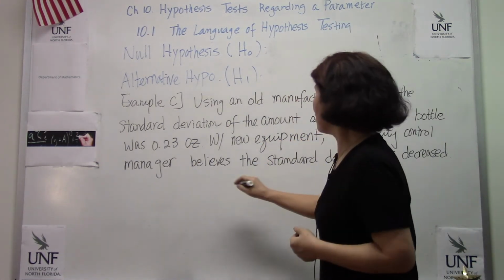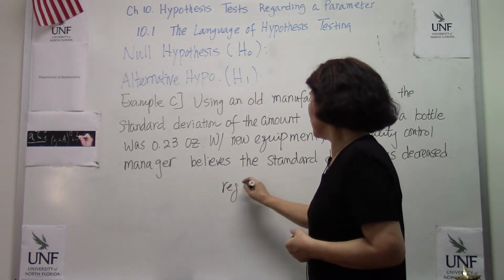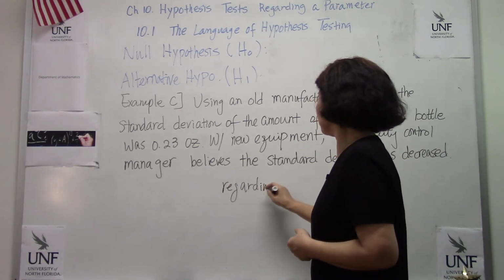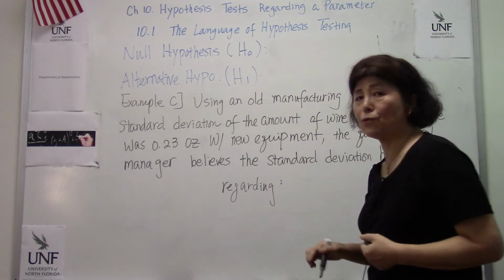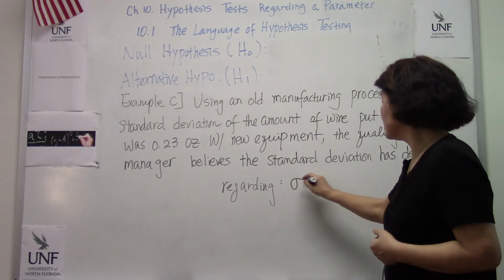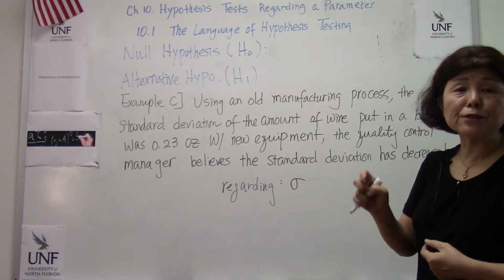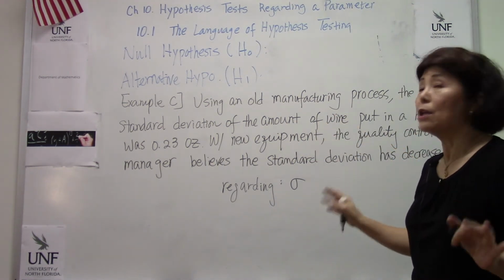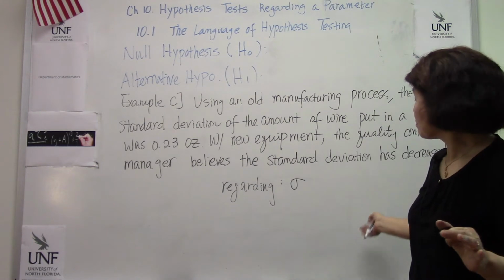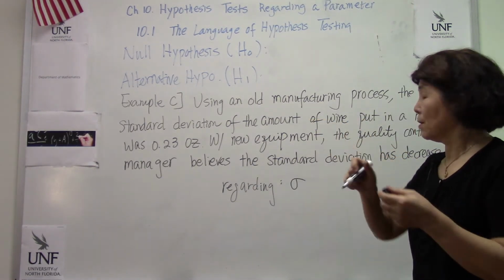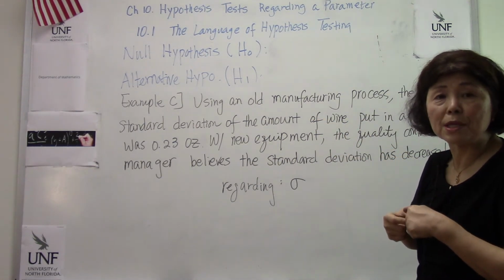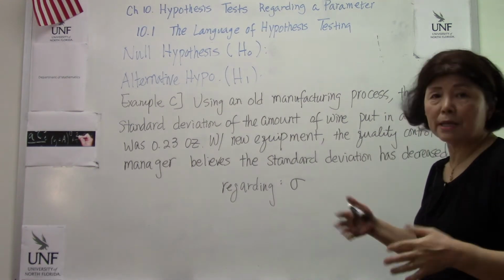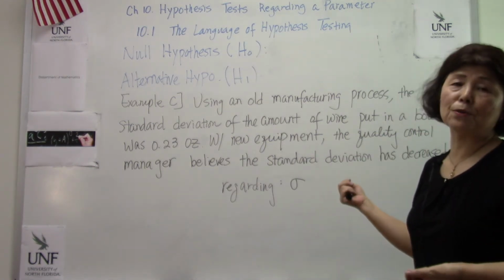So this is regarding standard deviation. What's the symbol? Yes, sigma for the standard deviation of the population. In this case, the population is those wine bottles produced in this wine factory, which would be thousands of bottles.